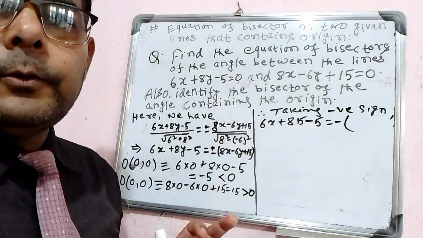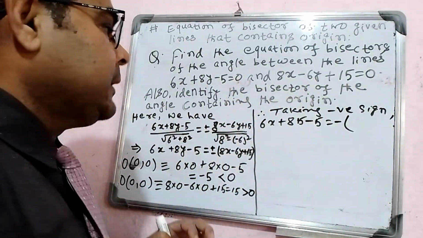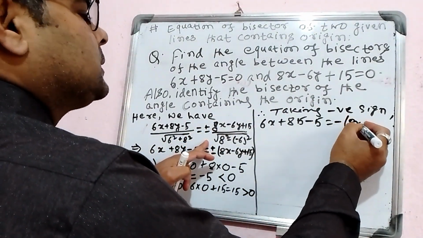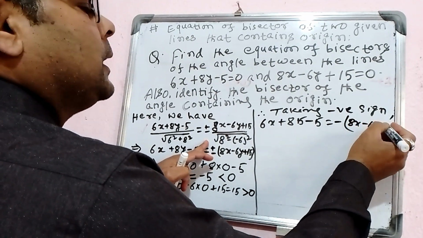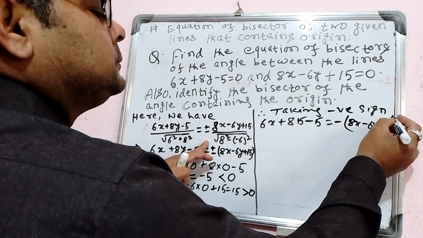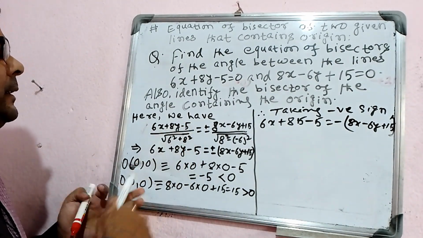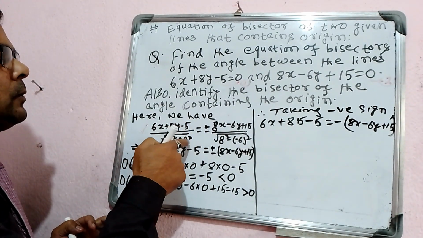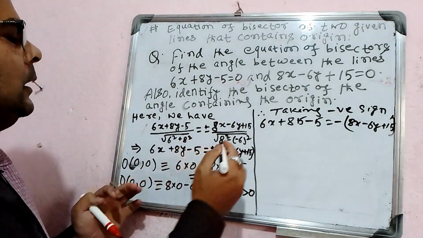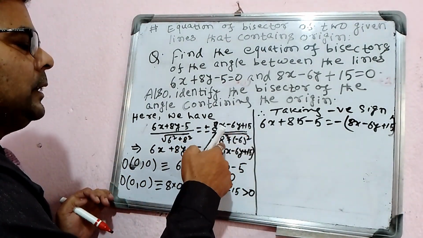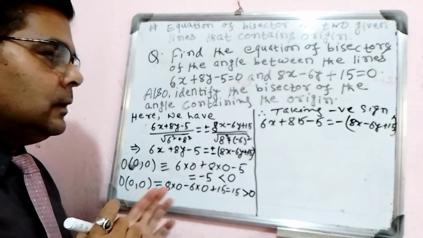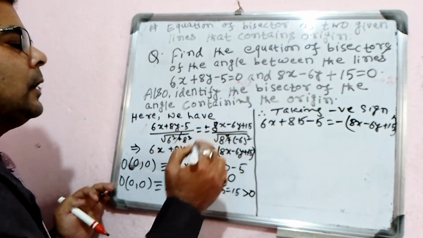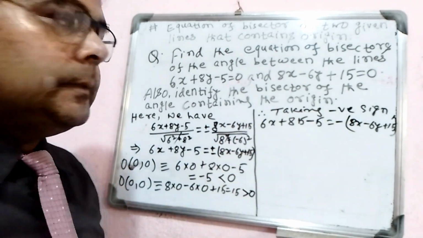So take care here, whenever you are taking minus, it is good to start the bracket, and minus 8x minus 6y plus 15. And here you don't need to write this, because you can see in the numerator and denominator you have the same quantity, 6 squared plus 8 squared, and 8 squared plus minus 6 squared means 6 squared, so they are the same quantity and cancel out, so you don't need to write it here.